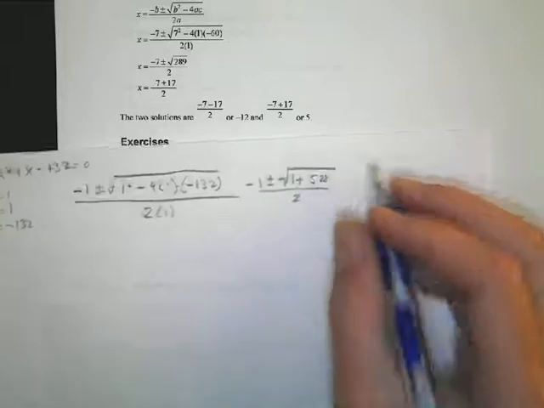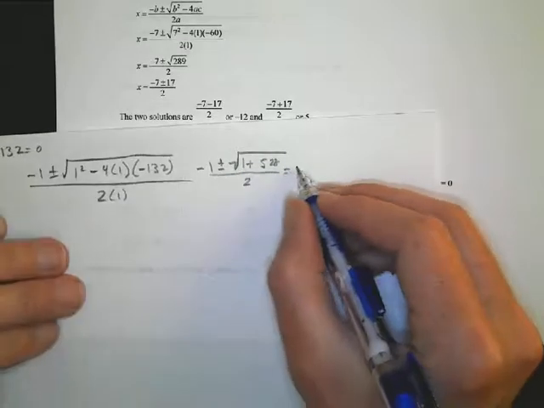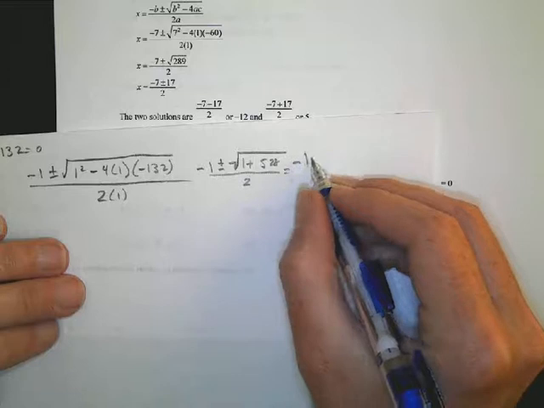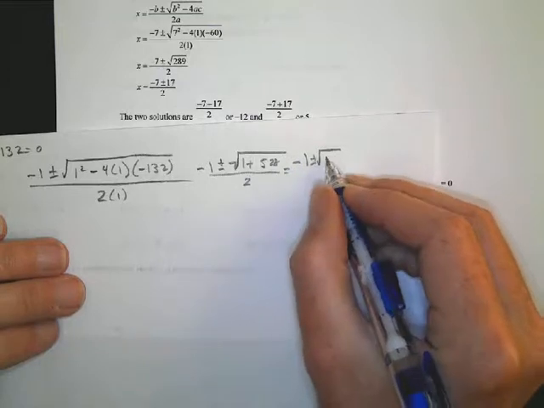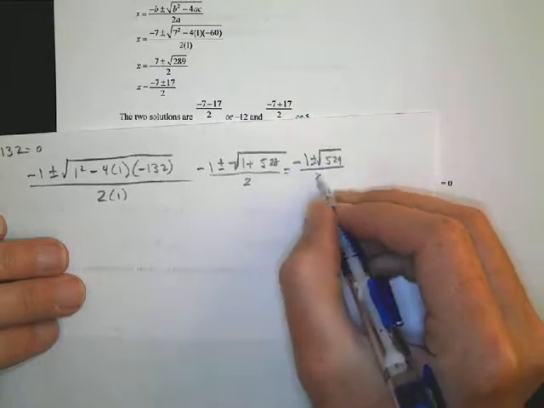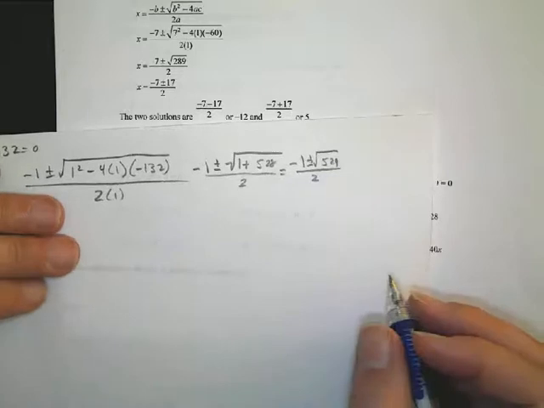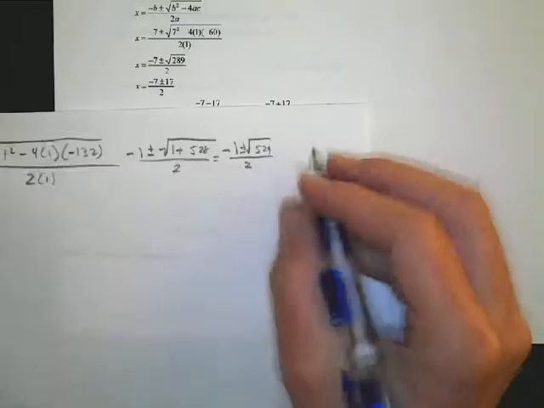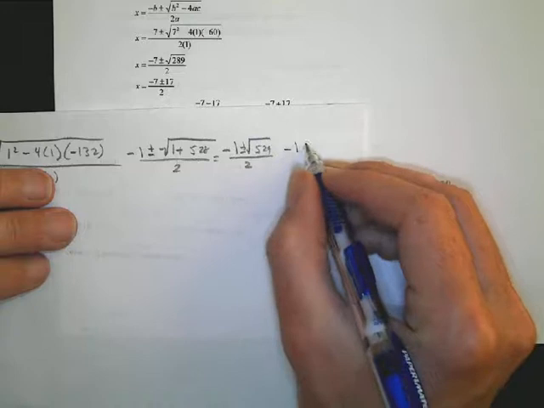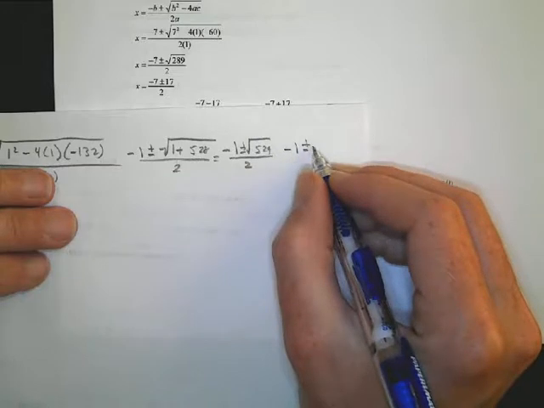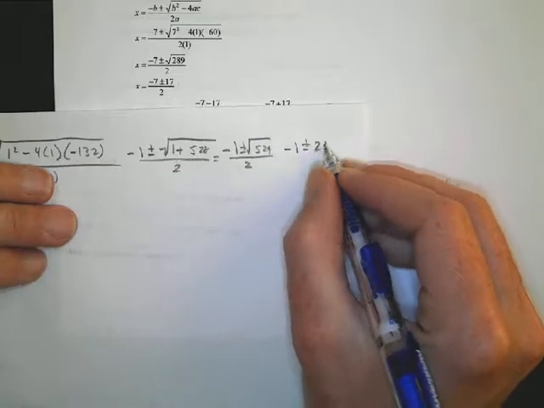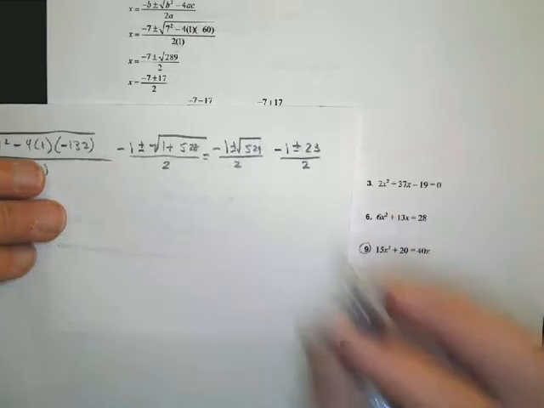Divide that by 2. So 528 plus 1 is actually 529. So negative 1 plus or minus the square root of 529 over 2. 529 sounds crazy, but if you use your calculator, what you find out is that you have negative 1 plus or minus the square root of 529, which is actually 23, over 2.